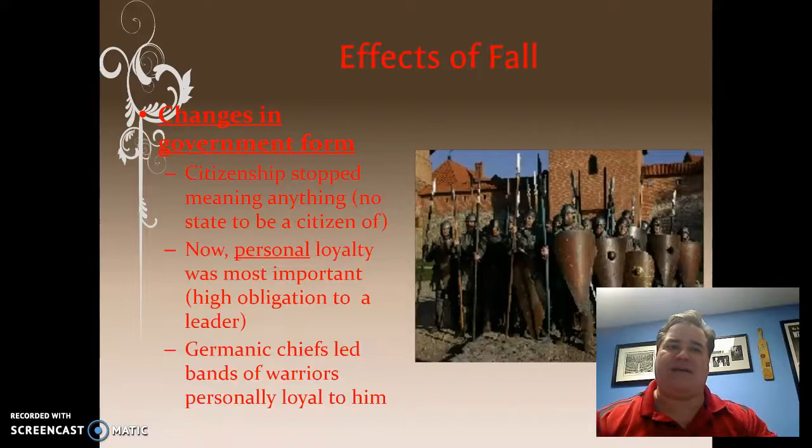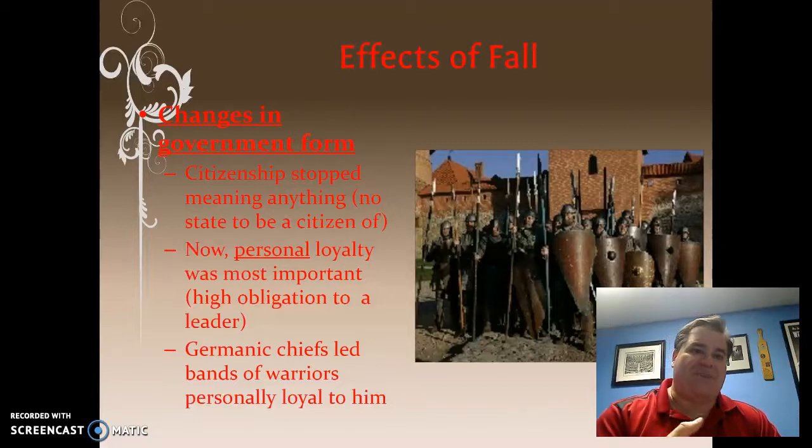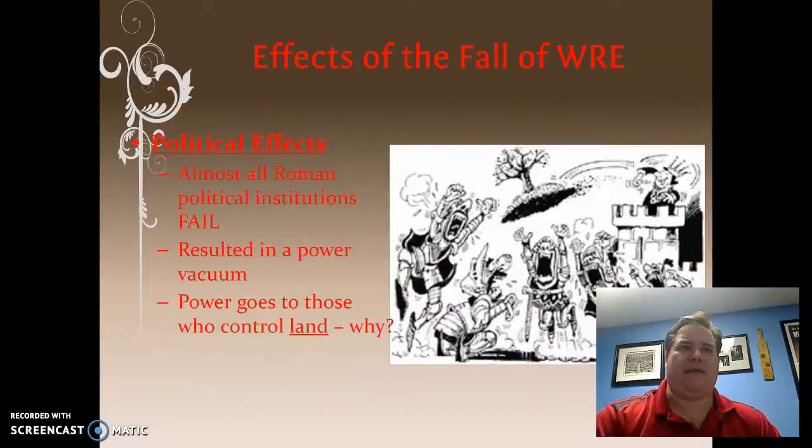You have these incoming Germanic chiefs who were laying claim to large areas of land, who had bands of warriors personally loyal to them, okay? This high obligation to a leader as opposed to a more diffuse loyalty to a state is a key political change in this time period, because there wasn't a state to belong to.